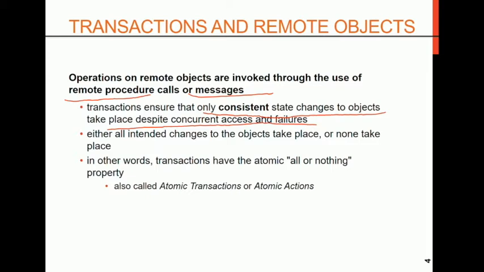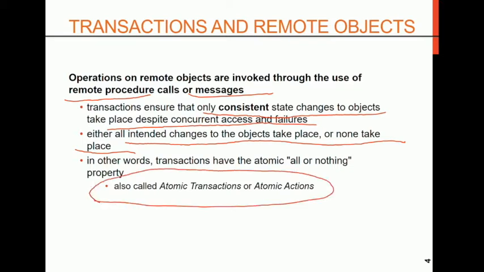Okay, the money needs to reappear somewhere. So we need to be able to recover from that somehow. So the idea is that all intended changes to objects take place or none take place at all. So we need to be able to run several operations, and either all of them completed or none of them completed. So this is called the atomic property of transactions.